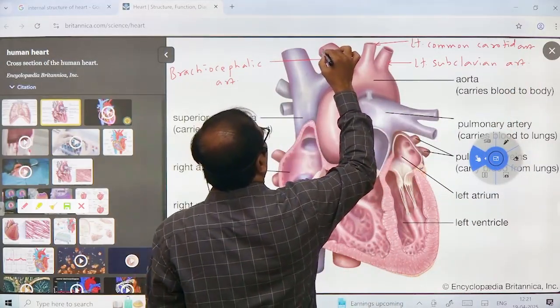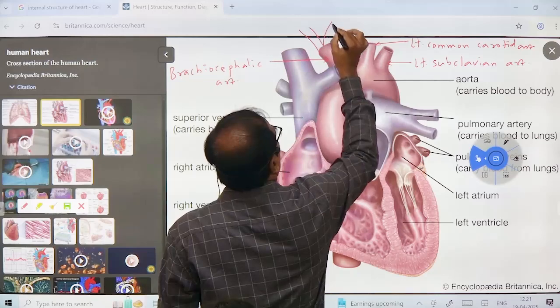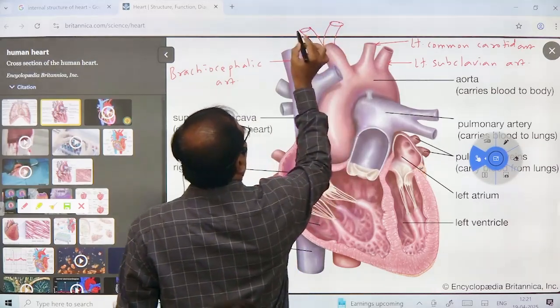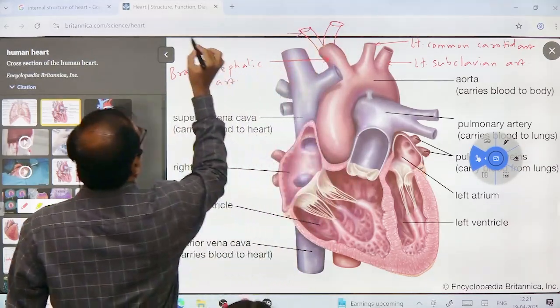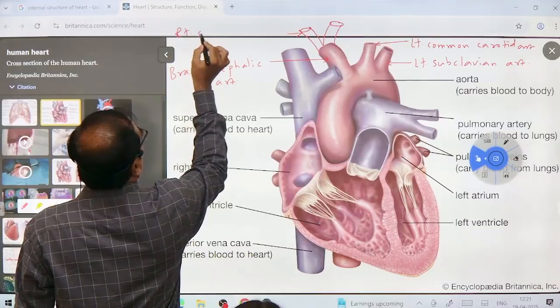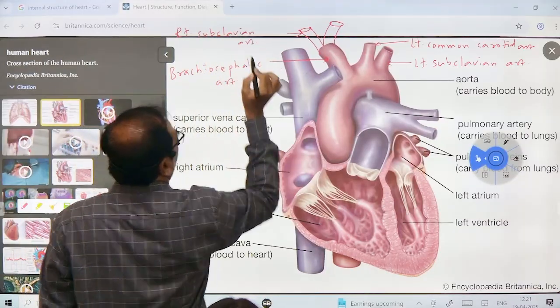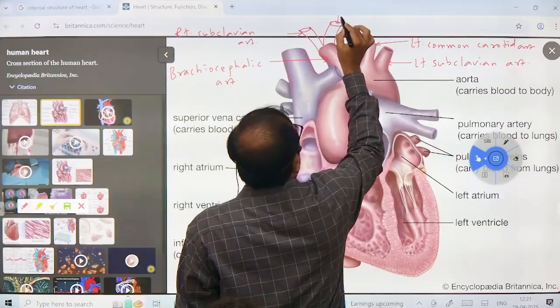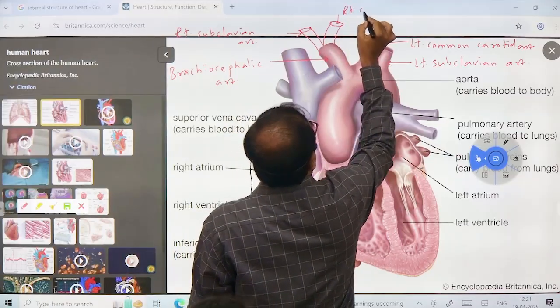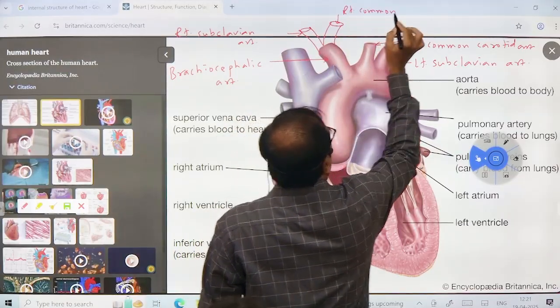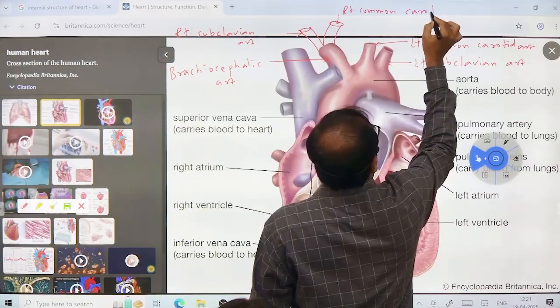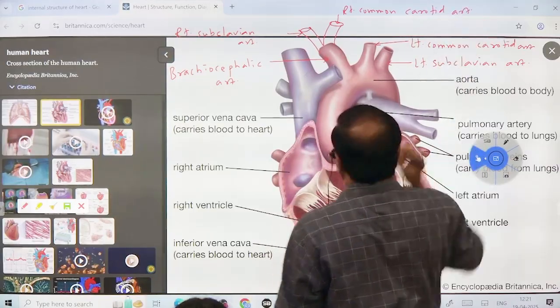This brachiocephalic again divides into two branches like this. Now this is called right subclavian artery, and this is called right common carotid artery. Sir, what is the central part?